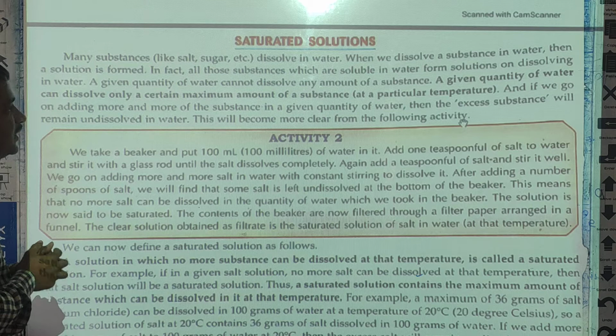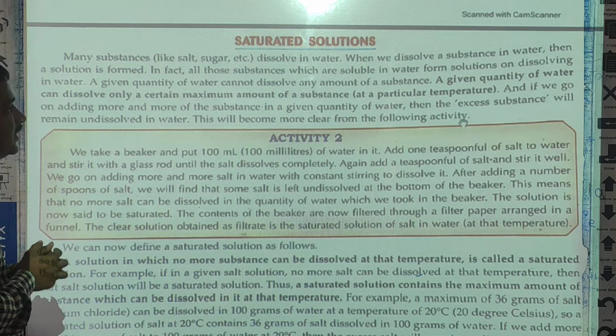Here we can also understand that the solubility of substances in water increases on increasing the temperature. These two points you have to keep in mind. Solubility of substances increases on increasing temperature. Means if you increase the temperature of that solution, the solubility of that substance increases, so you can add more substance in that.